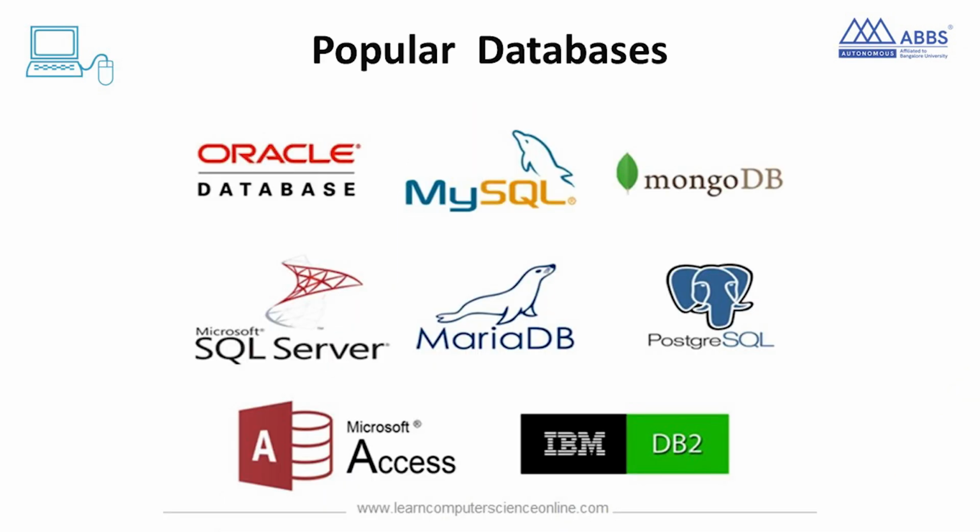We have some of the most popular types of databases in the market, like the Oracle database, which is most popularly known by many of us, MySQL, Microsoft SQL Server, MariaDB, Microsoft Access, IBM DB2, PostgreSQL and MongoDB.